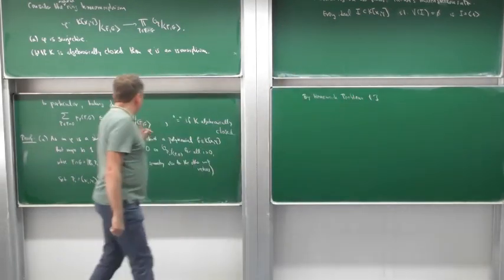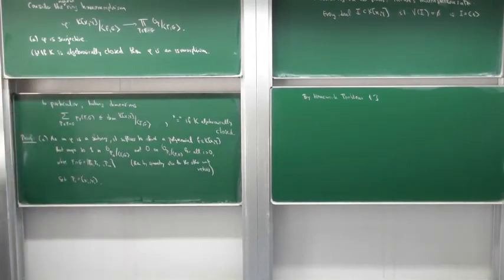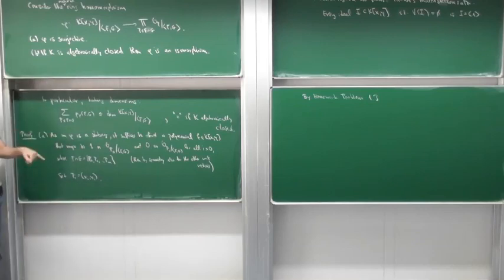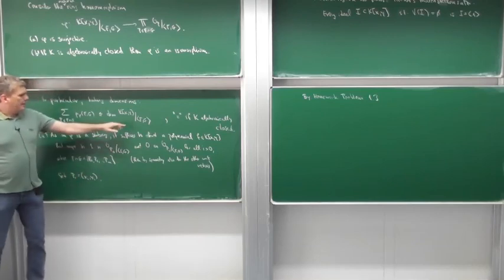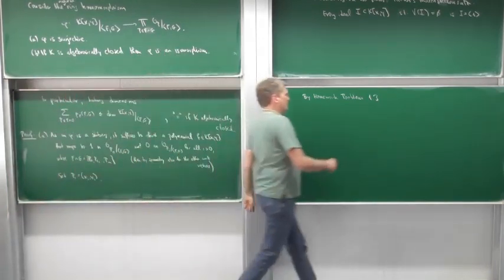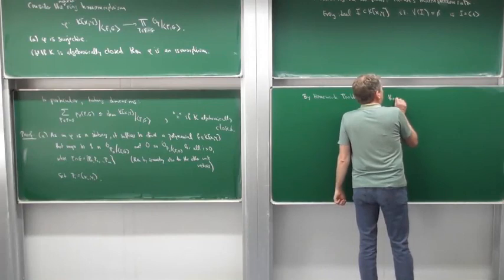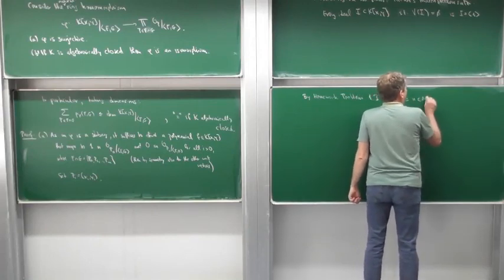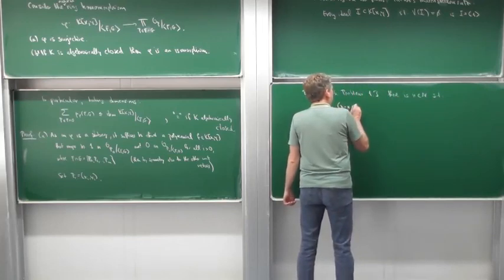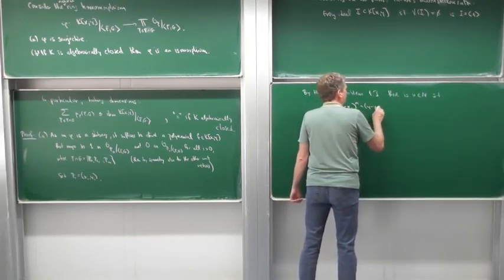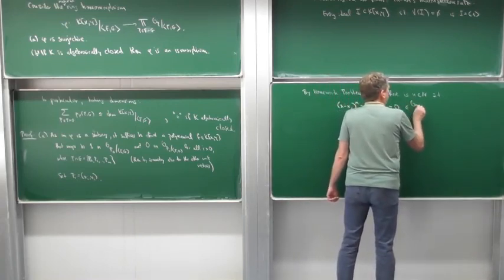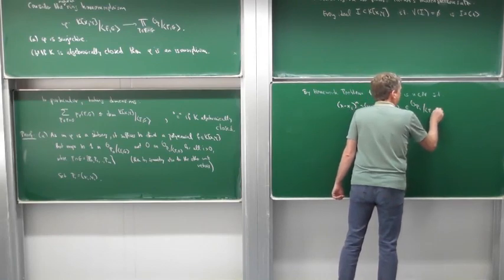The first thing is that there is a natural number n such that (x minus xi) to the n and (y minus yi) to the n is 0 in O_Pi mod (F, G).